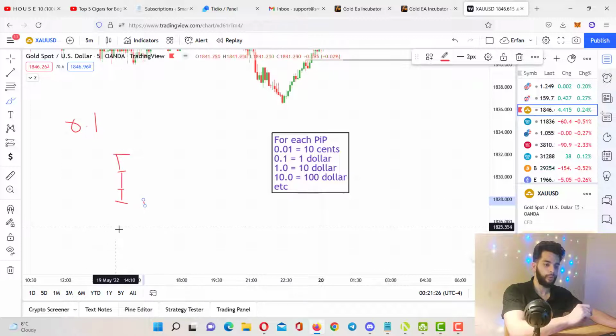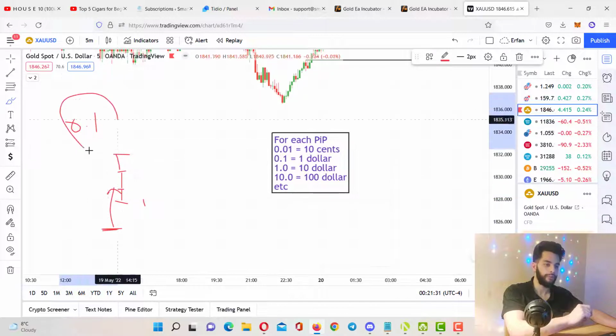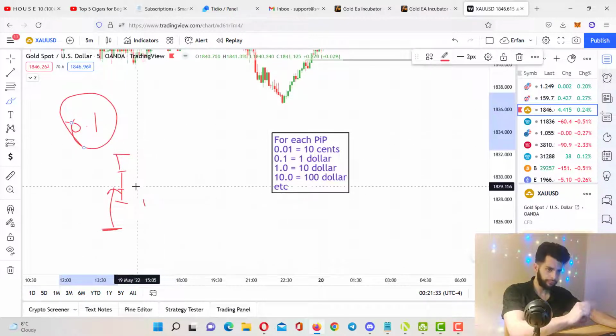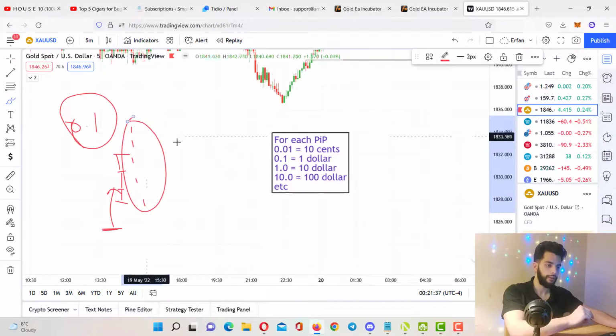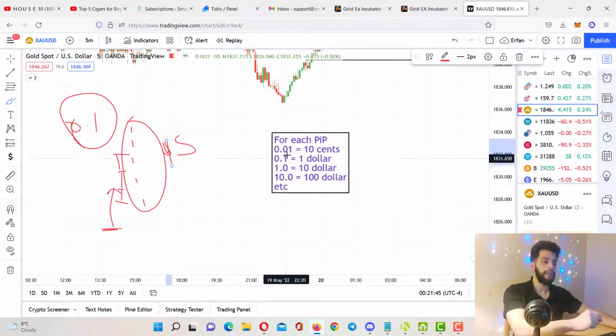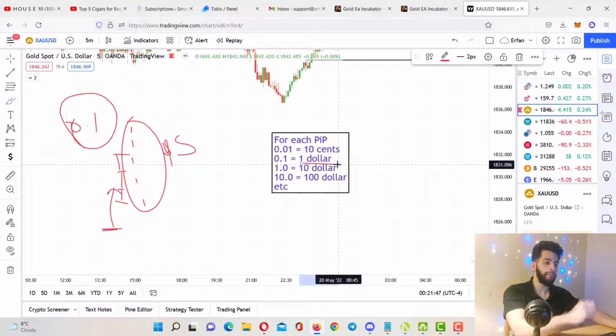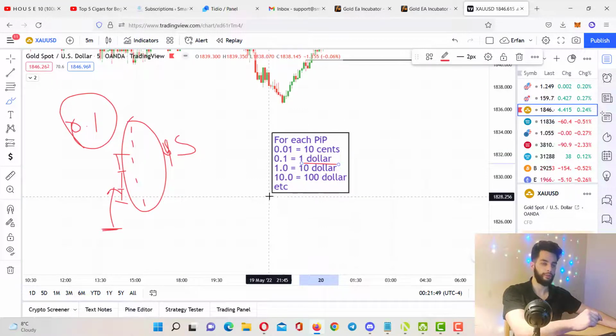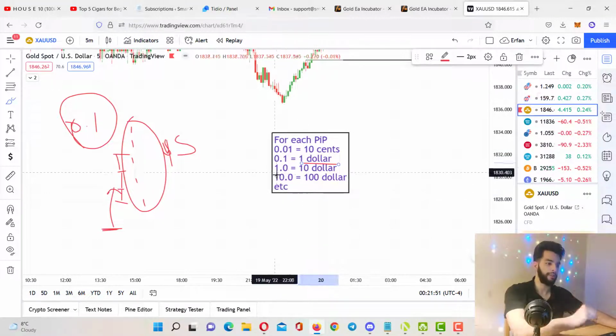Let's say you open a position right here, and your position is 5 pips in profit, and you have a position of 0.1. So it means 1, 2, 3, 4, 5: $5 in profit, because your current position is 5 pips in profit, and each pip is $1 because your position is 0.1.